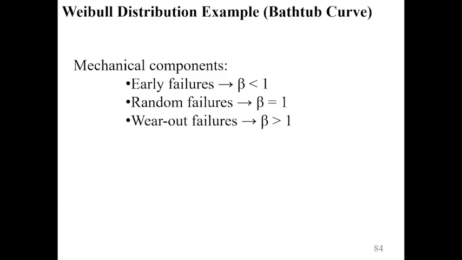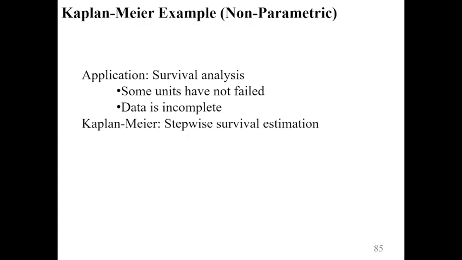When beta is greater than 1, it represents wear-out failures caused by aging and fatigue. This behavior is commonly illustrated by the bathtub curve, which is widely used in engineering applications, and we already saw this curve in one of the slides previously.